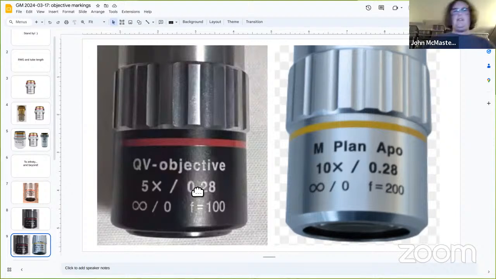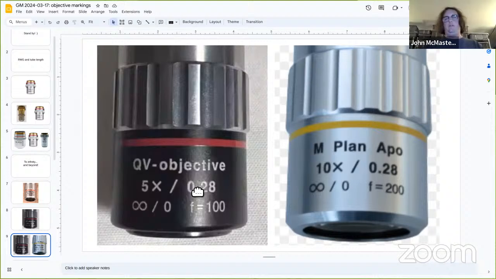Cool. Okay, cool. Because a typical user is not going to be familiar with things at this level, for convenience, they're marked with these sort of magnifications to help relate them. And to close the loop on that, you can directly go from these markings, assuming your microscope is set up correctly, and if you know the pixel size on your camera, you can calculate the magnification of the objective, basically putting all of these together.